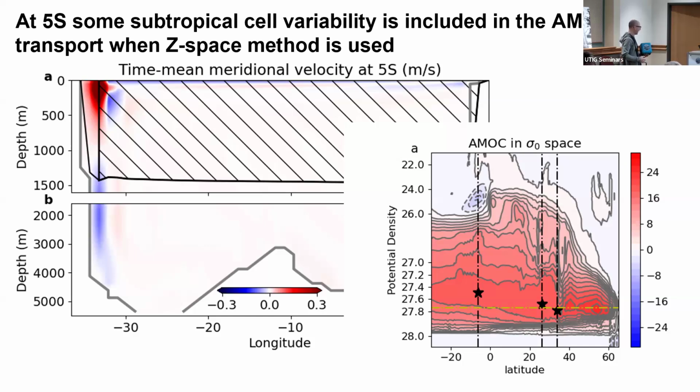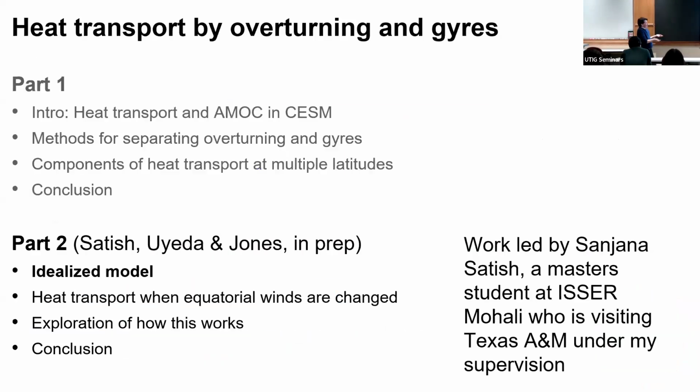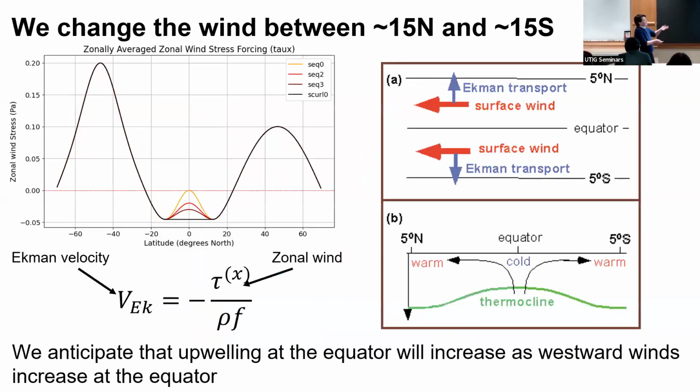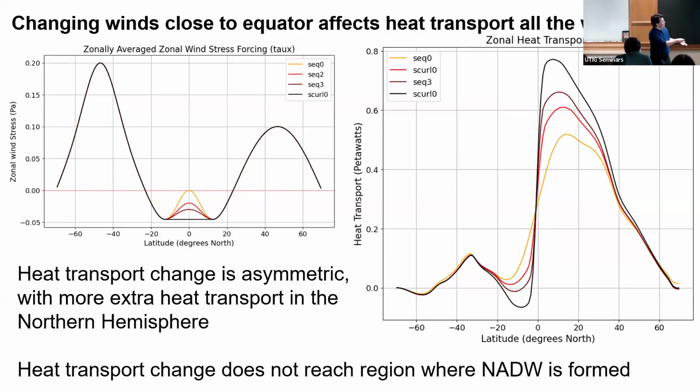Okay, I like that. That is a huge question. I think the answer is, let me go to a place where we have the heat transport. In my idealized case, if you move the latitude of the westerlies, that's very much going to move how far north the heat gets.